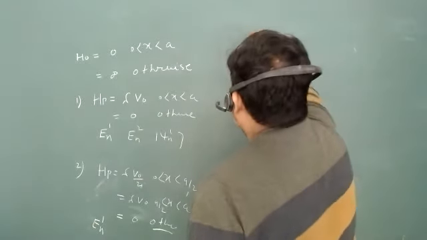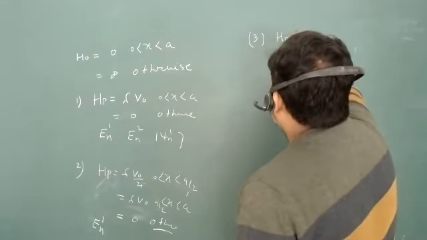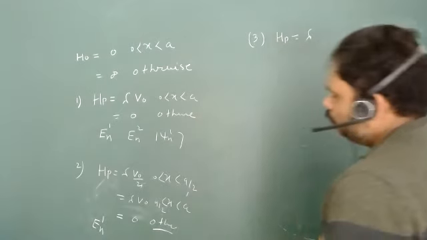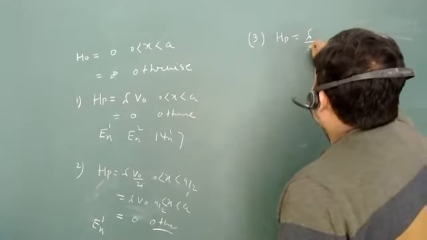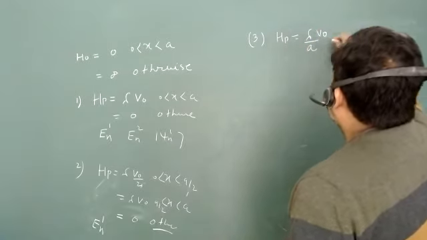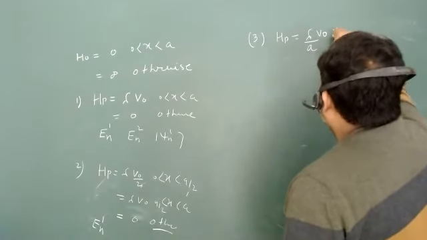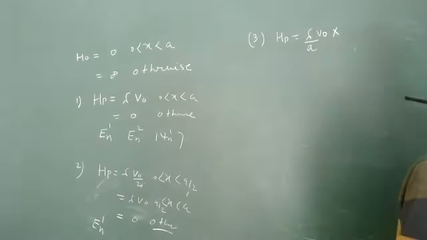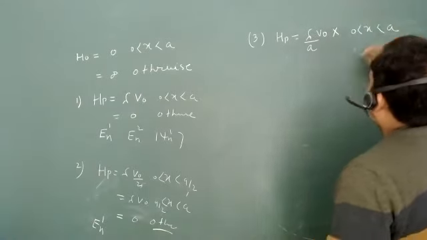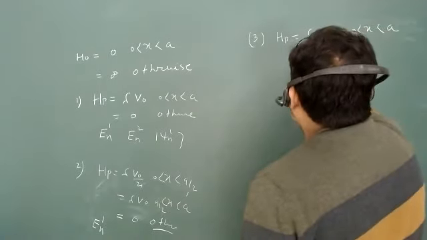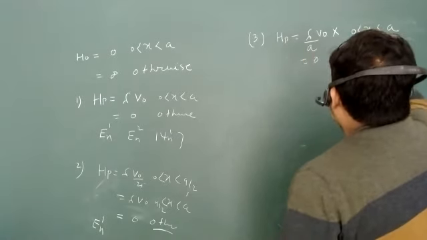Okay. Now, third question. So we will just do all this together. HP is equal to lambda by a V naught into x, where x is between 0 to a, and 0 otherwise.